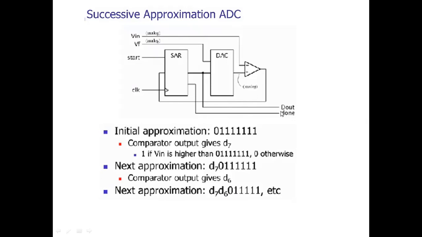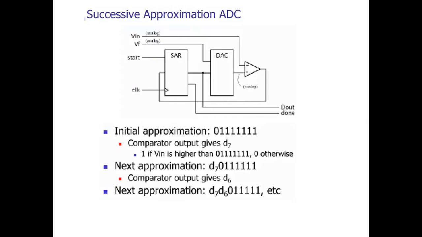So this done output bit is activated, and then the same D7 to D0 bits will be output as D out. Hence the analog input is converted into the digital output in terms of zeros and ones.